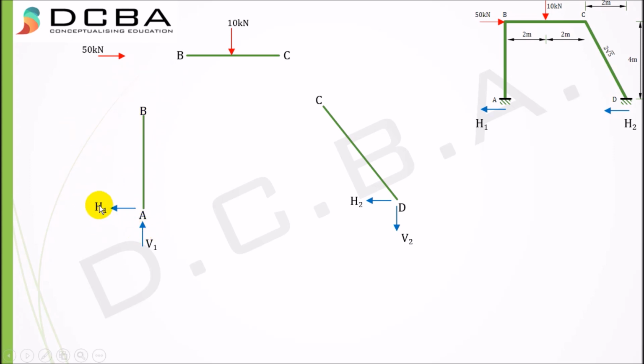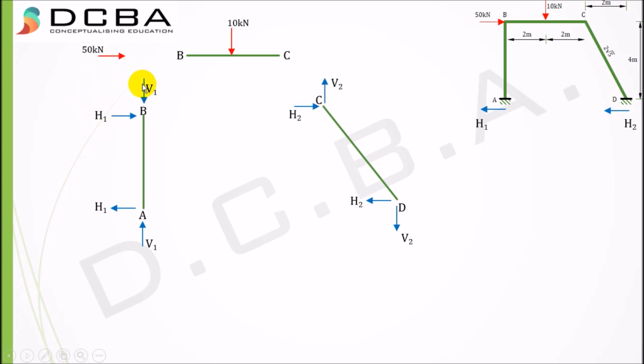So if this is left, here it will be right, H1 to the right, and since this is going upwards, this would be downwards. This is just basic summation Fx equal to 0 and summation Fy equal to 0 for member AB. Now for member CD, again doing the same thing, summation Fx equal to 0 and summation Fy equal to 0, I get H2 in the right direction and V2 upwards.